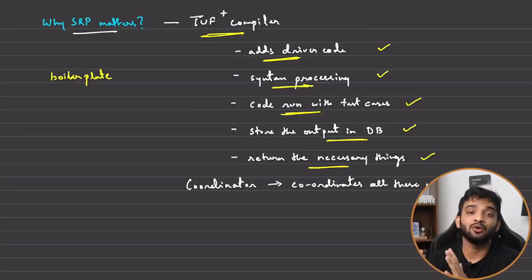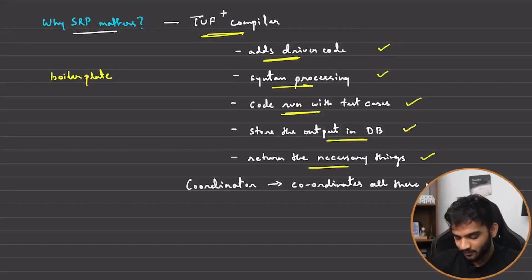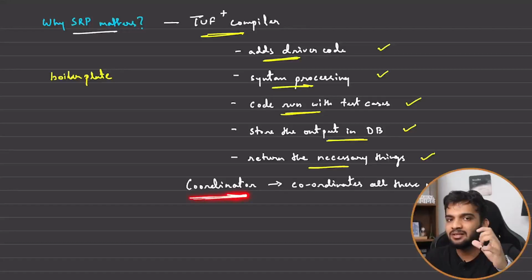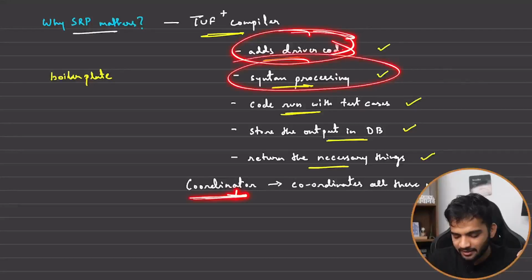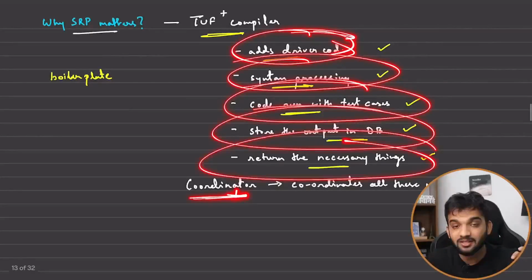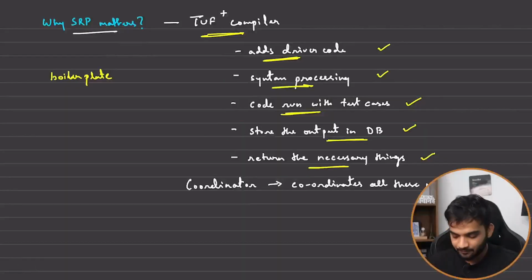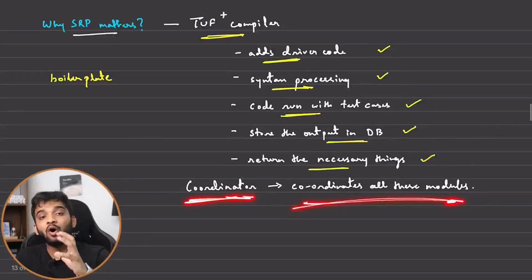Once you have 5 standalone classes, what you could do is coordinate by writing a single class that calls them. First, it will call this particular class, then this one, then this one, then this one, and then this one. So typically, you can have a coordinator that coordinates all of these modules or all of these classes. That's it.